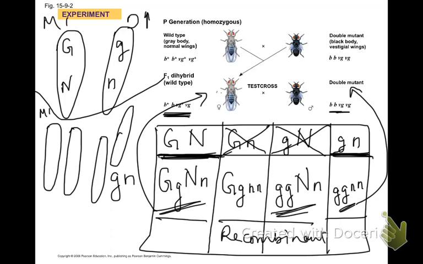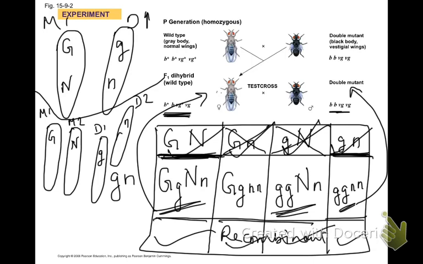But supposing it was M2, D1 and D2, supposing this was capital G and capital N and small g and small n, I could have so many combinations. This one, this one, this one, this one. So I will have an equal number of all of these types, parental types and recombinant types.